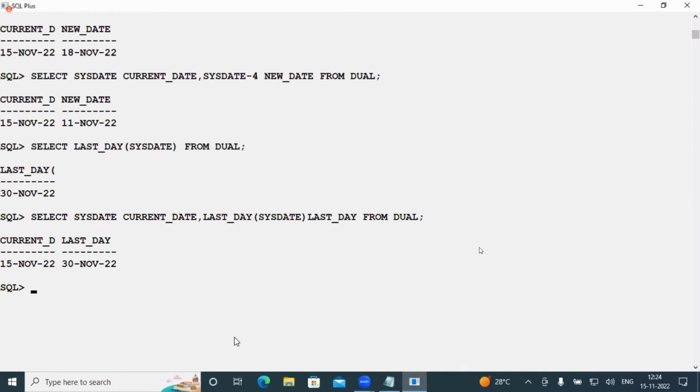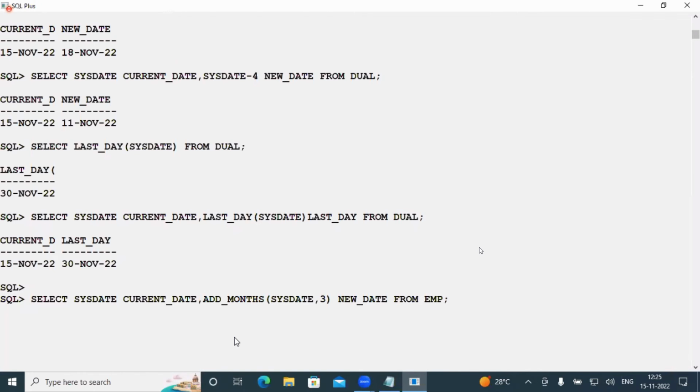Now some example you can see. Suppose I come back here and select SYSDATE, showing it as current date. After that, I'm using ADD_MONTHS of SYSDATE, comma, 3, and calling it new date.